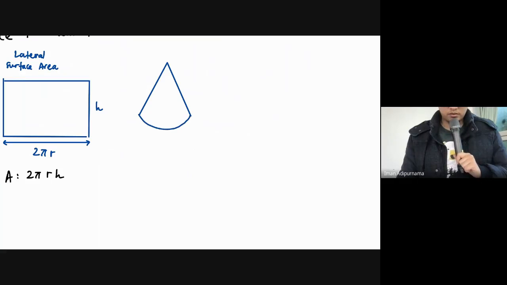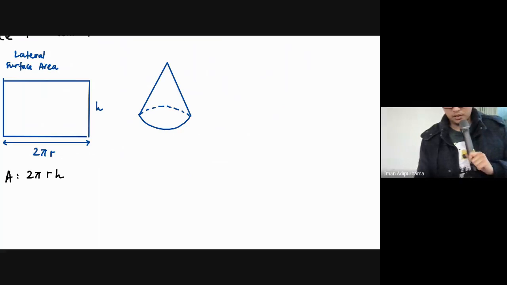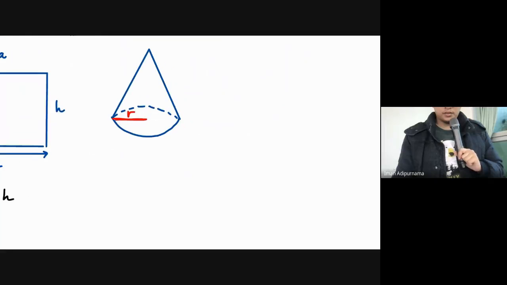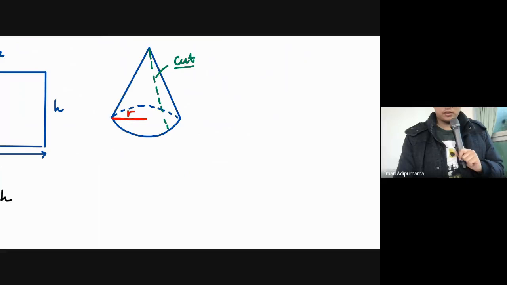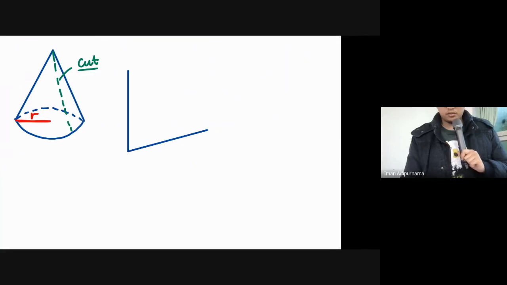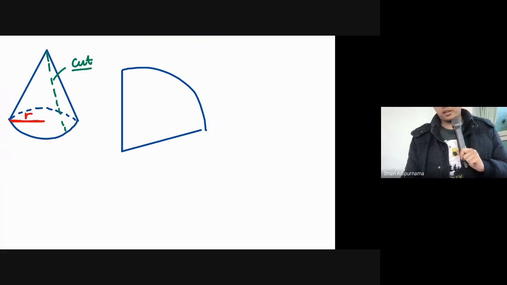The other one is the cone. Let's say it has a radius r, and then let's cut the cone here, and we can open the cone maybe like that.